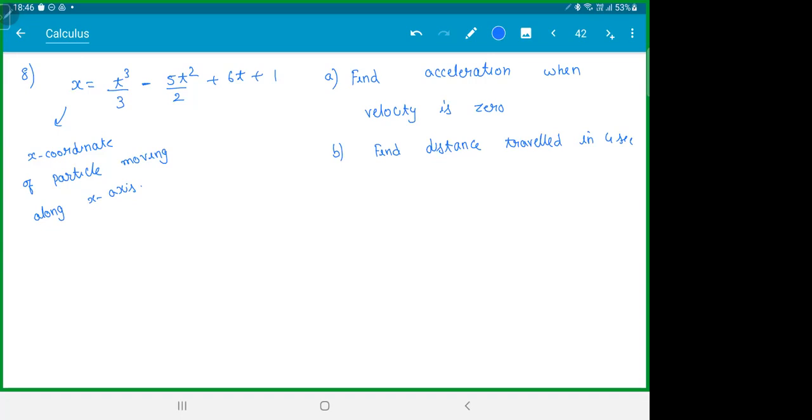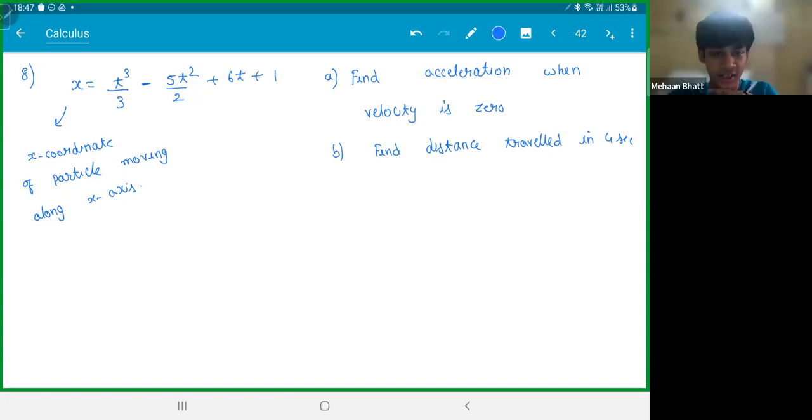Okay. Seven and minus 7. So a quadratic is coming now.